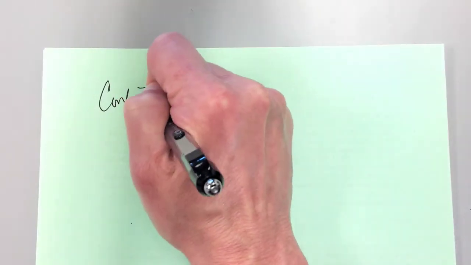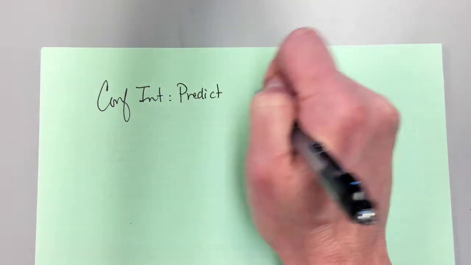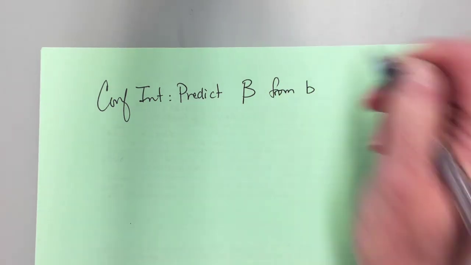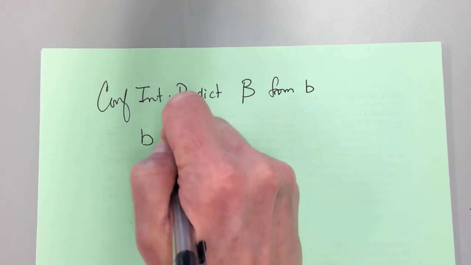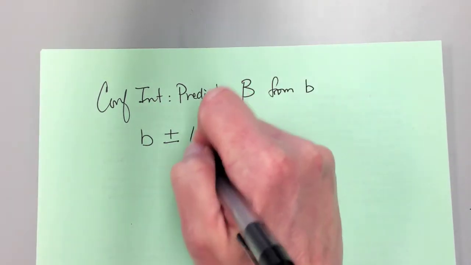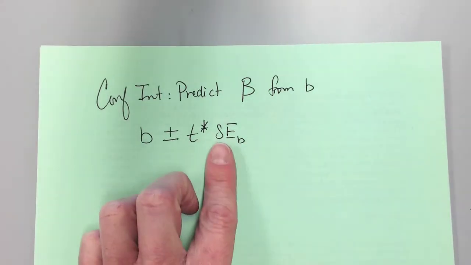So let's say that we want to predict beta from B. Well, confidence intervals, that's going to be B, because that's our statistic, plus and minus T star times the standard error of B. Now, I talked about this before.